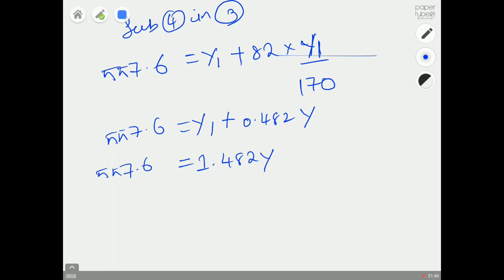So 557.6 divided by 1.482, that's 376. I think this answer is completely wrong. It shouldn't be. I think we did some mistake. Let me fix it.